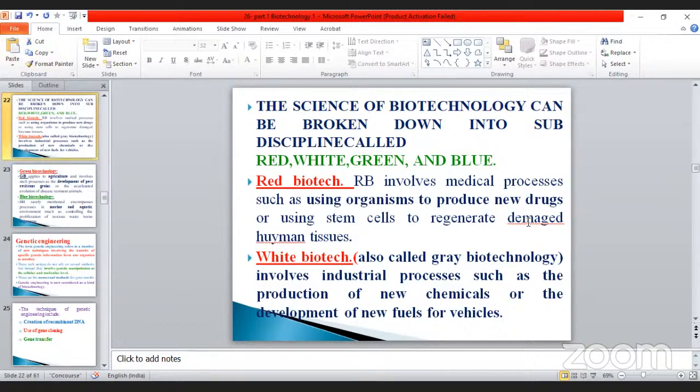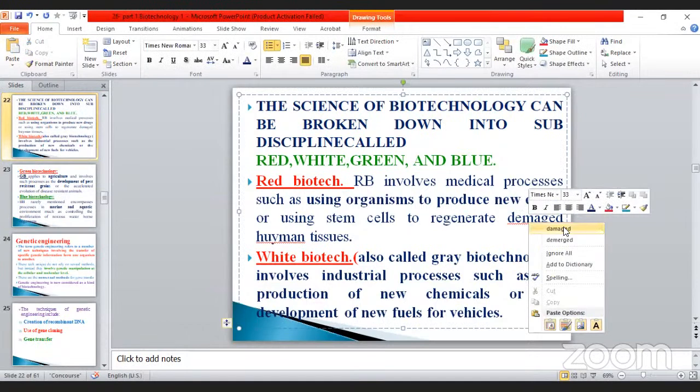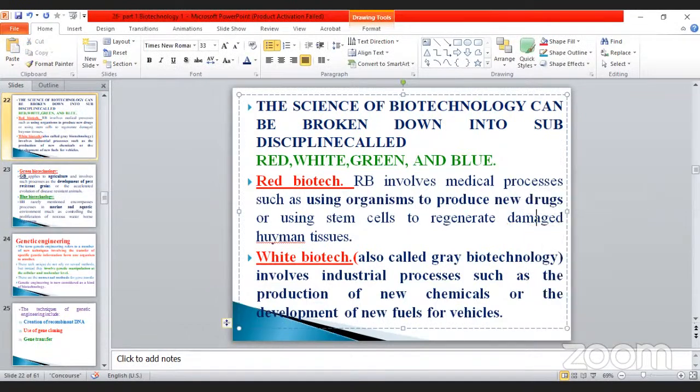This is very, very important. This type of application is called red biotechnology.